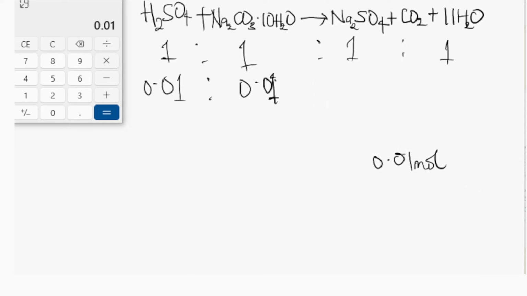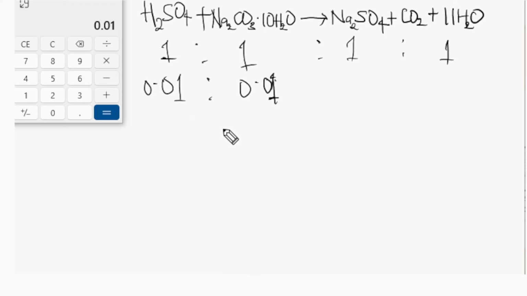Since we have established this, the next thing we are going to do is to get the volume of tetroxosulfate 6 acid.